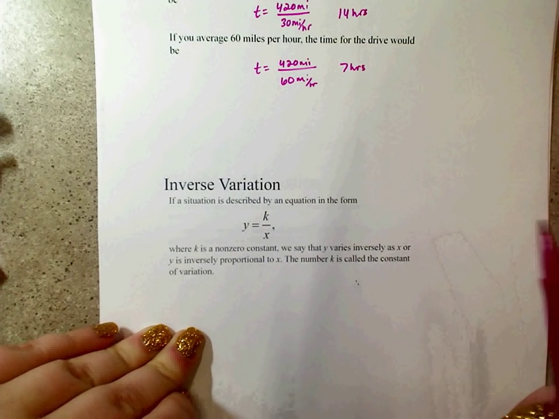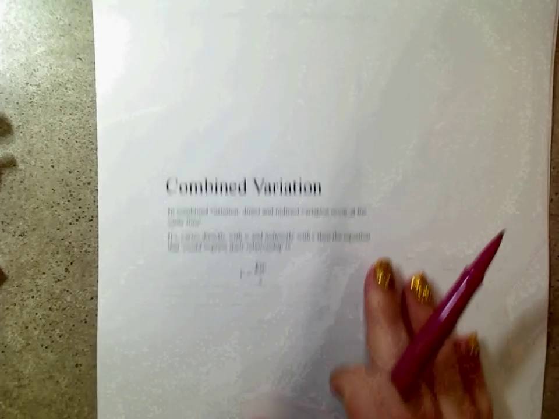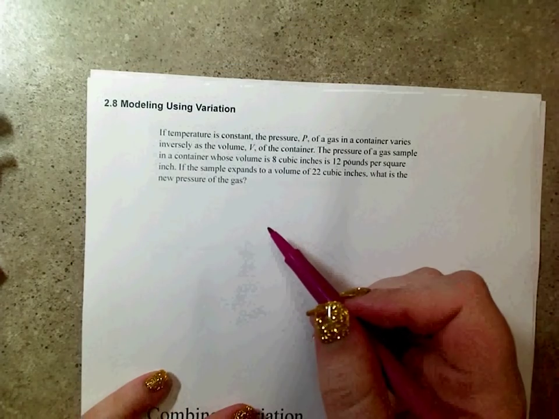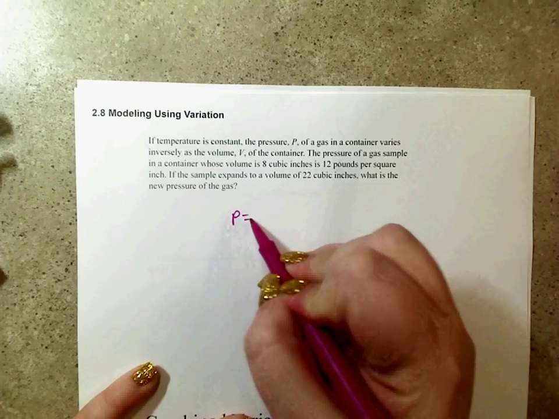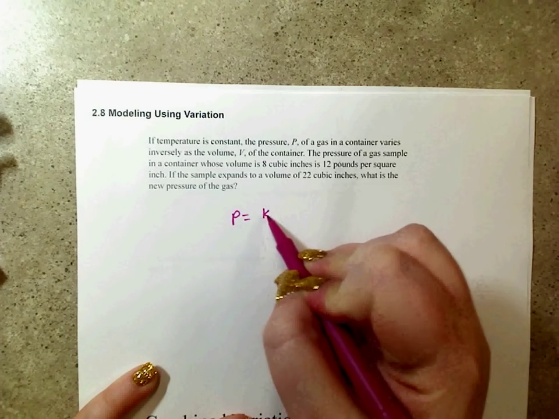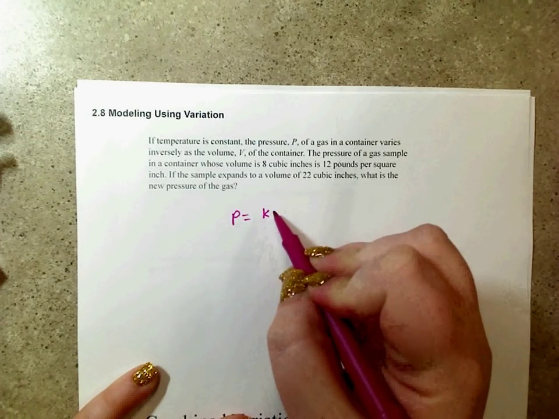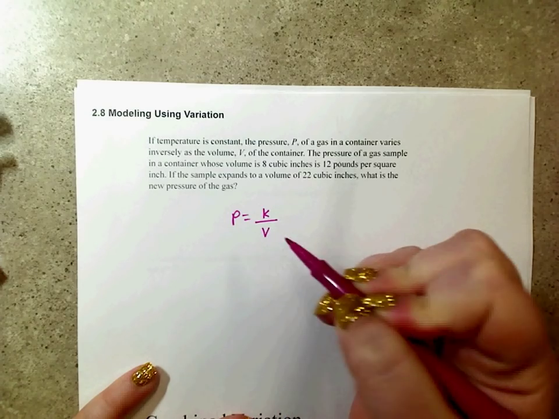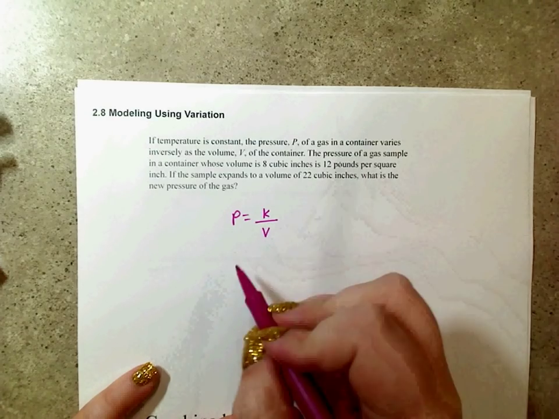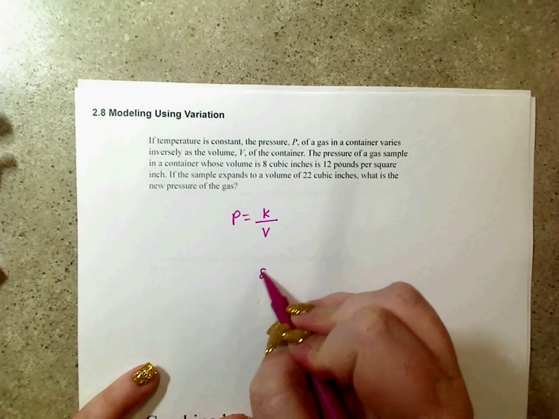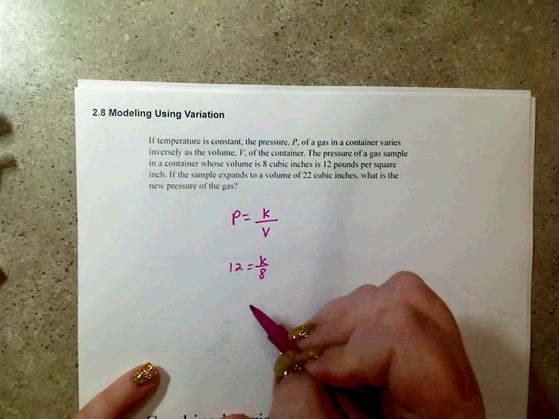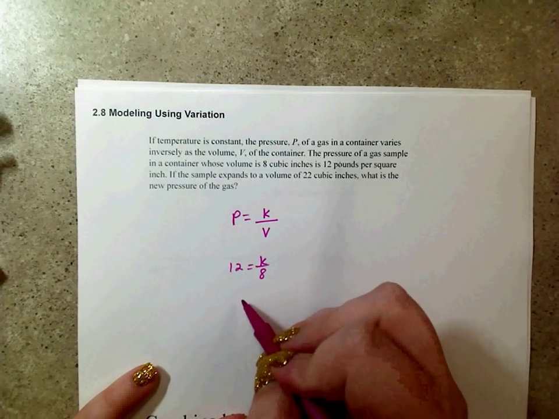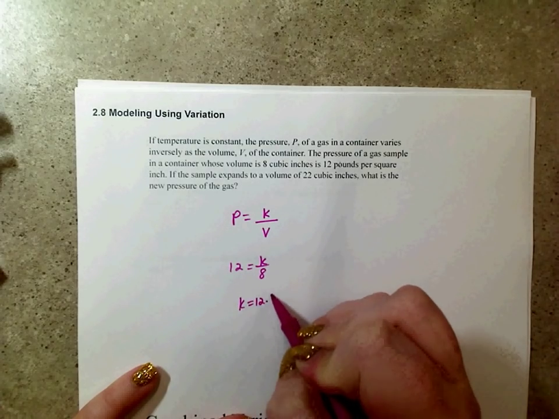If the temperature is constant, the pressure P of a gas in a container varies inversely as the volume. So pressure is some constant of variation divided by volume. The pressure of a gas sample in a container whose volume is 8 cubic inches is 12 pounds per square inch. To solve for k, k equals 12 times 8, which is 96.